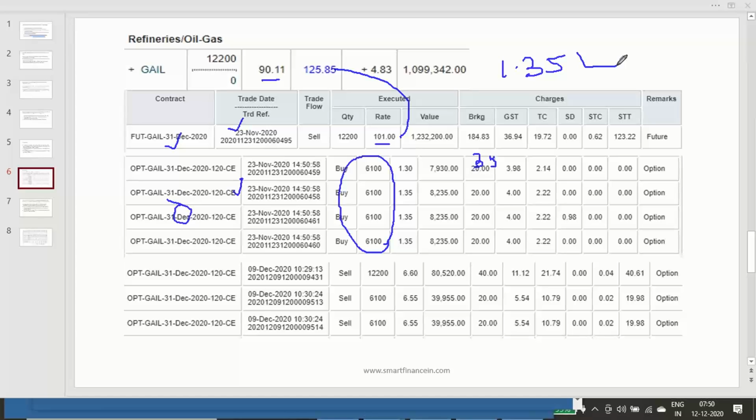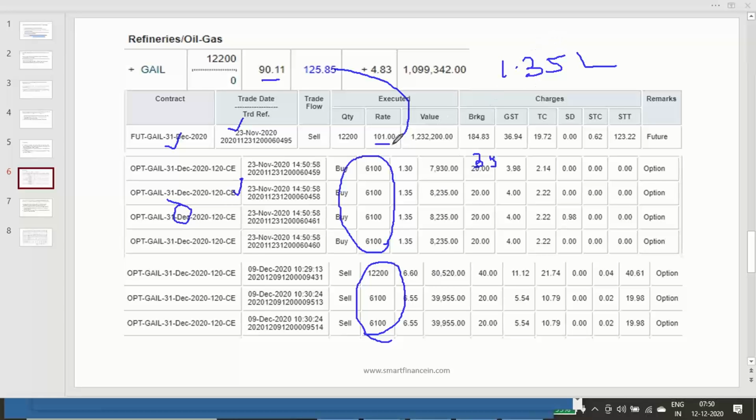What happens? GAIL has gone up, gone up, gone up to a great extent. On 9th of December, I close this hedge which I bought at 1 rupee 30 paisa. You can see the same date and time, 6 rupees 60 paisa, I am closing it. So almost I am getting 5 rupees 30 paisa added into 2, so 11 rupees.